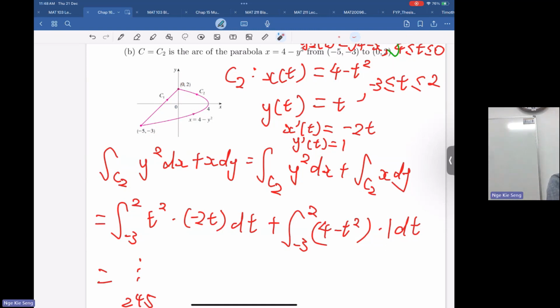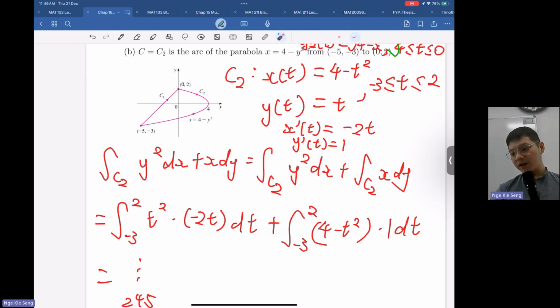Different curves with the same endpoint might give you different line integrals. Different parameterizations of the same curve will give you the same line integral, but different curves with the same endpoint might give you different integrals.